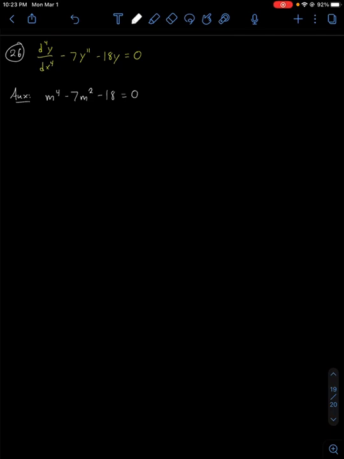If I do m squared times something, the entire thing squared, what two numbers multiply to equal negative 18 and add to equal negative 7? Well, that's negative 9 and positive 2.